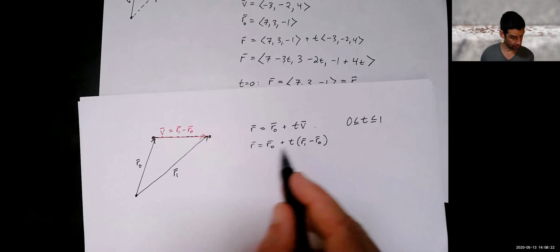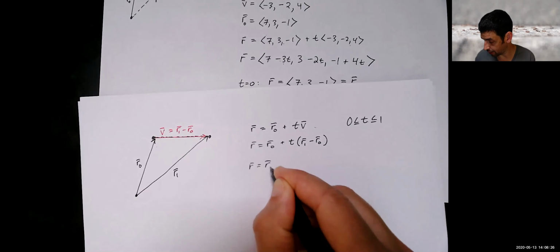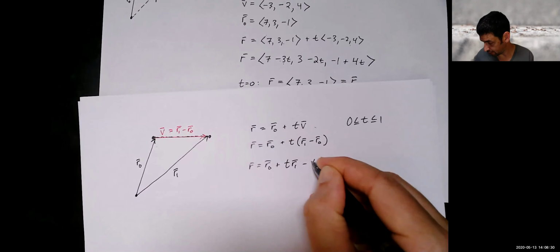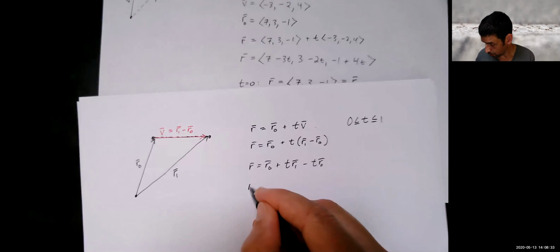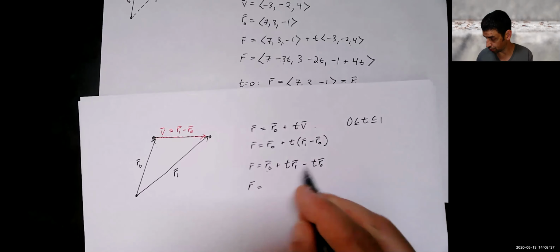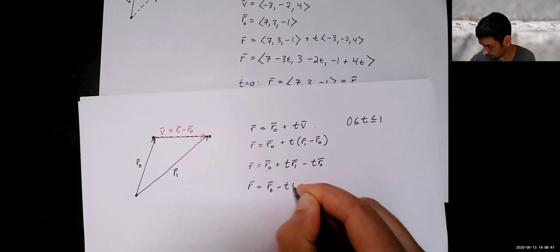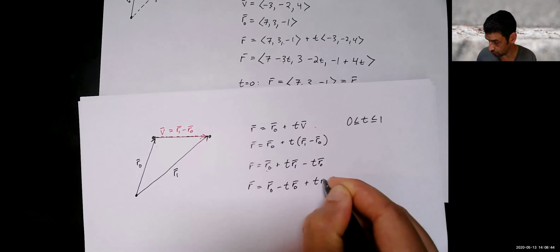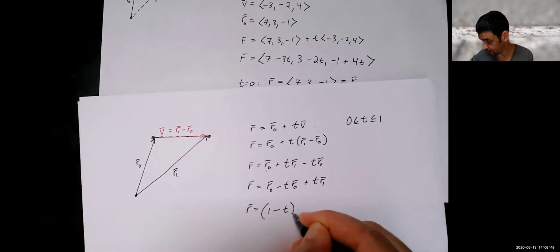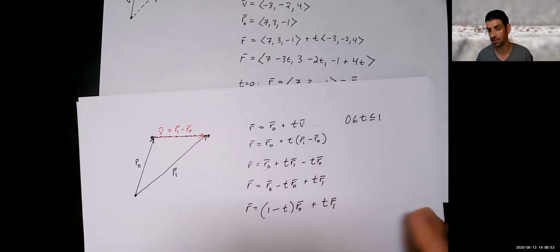And there's also a neat configuration of this. If I expand what's happening on the right, I get t times R1 minus t times R0, which I can rewrite, combining these terms, as R0 minus t R0 plus t R1, or (1 minus t) R0 plus t times R1.